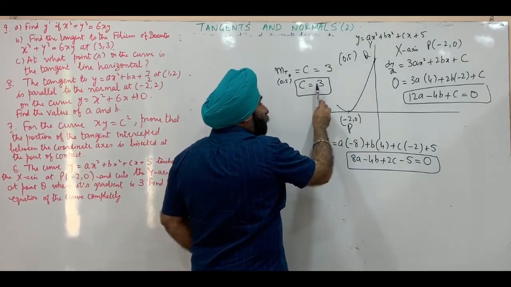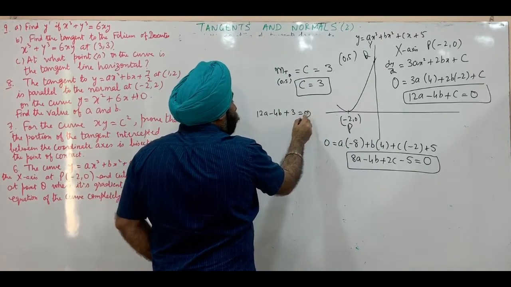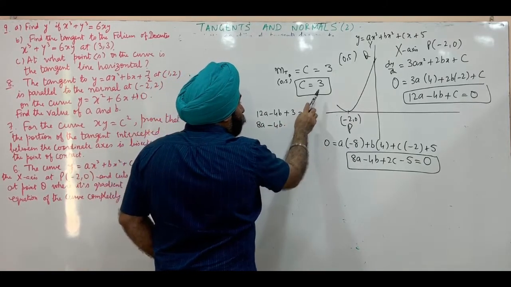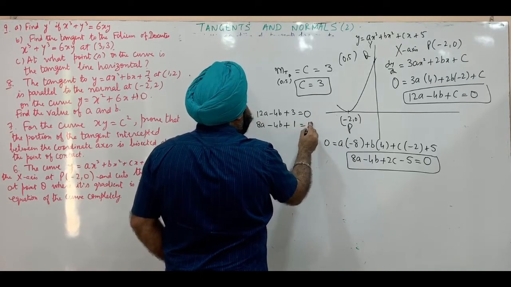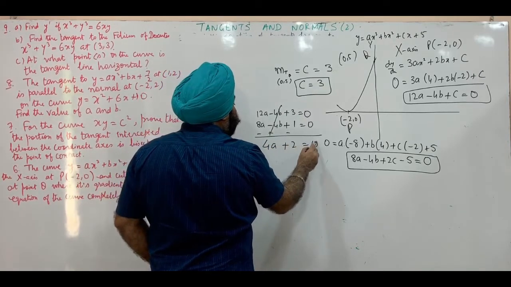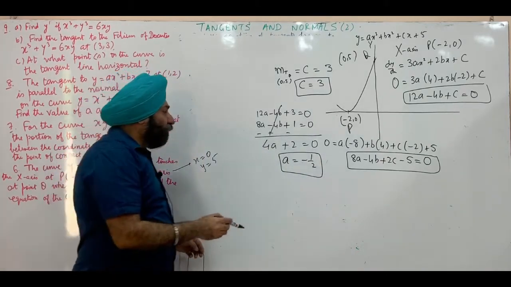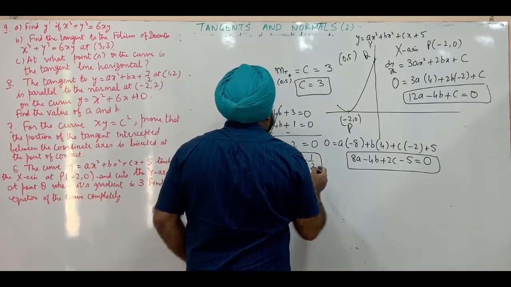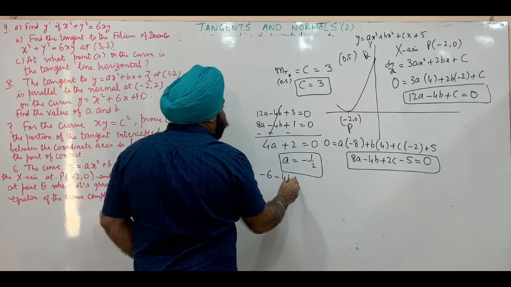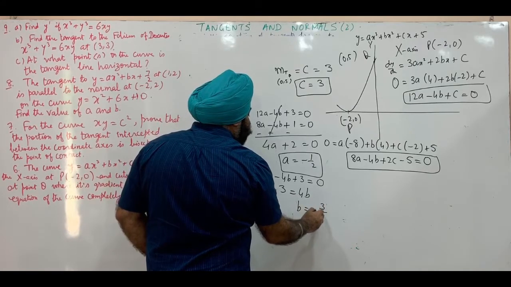Substituting c equal to 3, we get 12a minus 4b plus 3 equal to 0, and 8a minus 4b plus 6 minus 5, that is 1, equal to 0. Subtracting, 4a plus 2 is equal to 0, or a is equal to minus 1 by 2. Substituting a equal to minus 1 by 2 in 12a minus 4b plus 3 equal to 0, that's minus 6 minus 4b plus 3 equal to 0. This gives us b equal to minus 3 by 4.